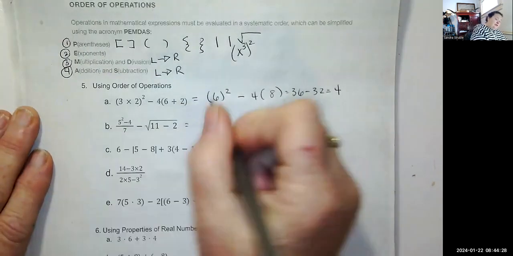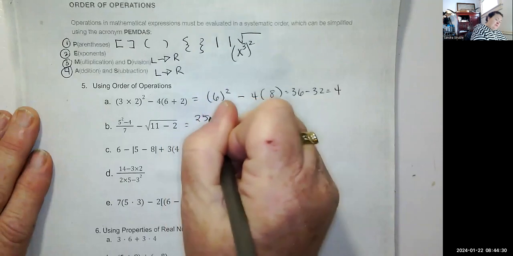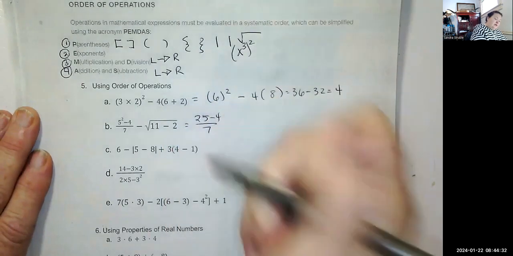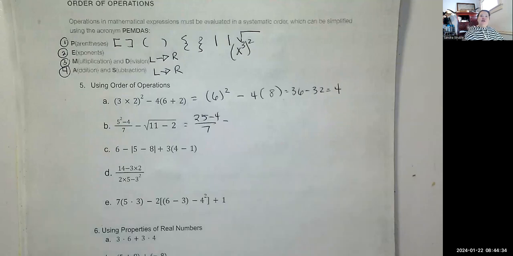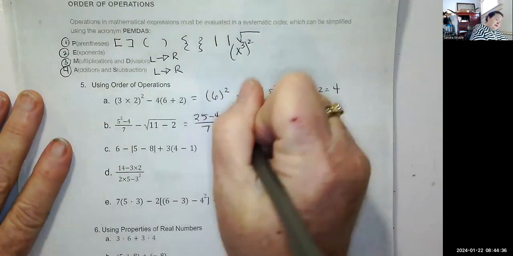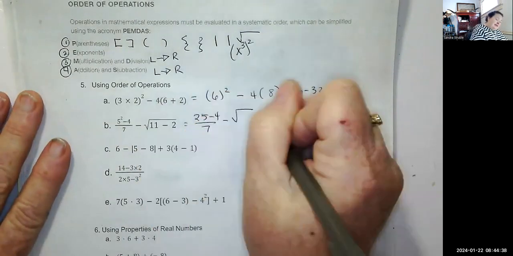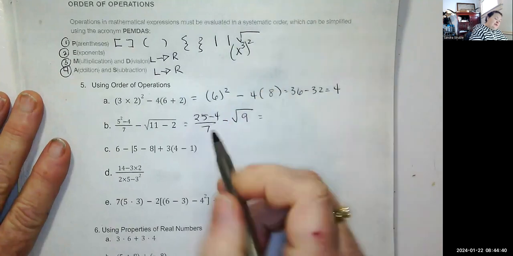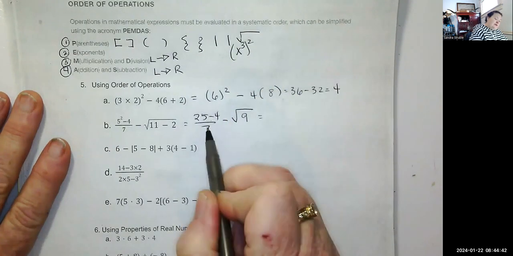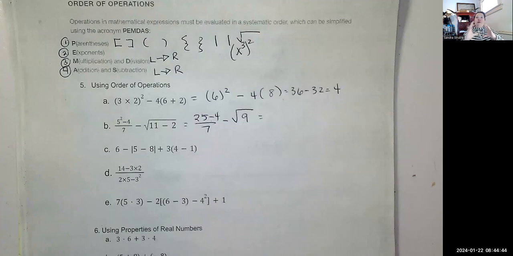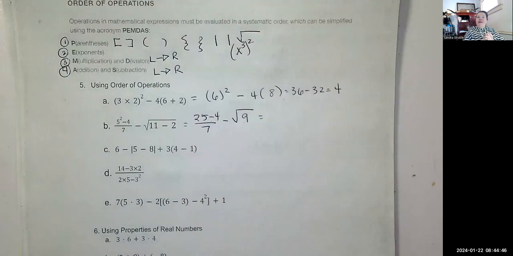I'm going to go ahead and do the 5 squared, 25 minus 4 over 7. I'm not doing anything else because it's not tied to the 11 minus 2. Minus the square root, 11 minus 2 is 9. So now we have 25 minus 4 over 7 minus the square root of 9. I should rewrite the 25 minus 4 over 7. I'm not, because it's not attached to that square root of 9. So I'm going to go ahead and subtract.